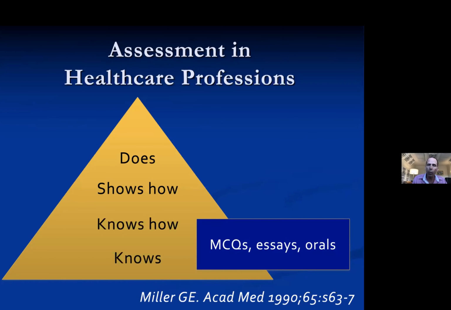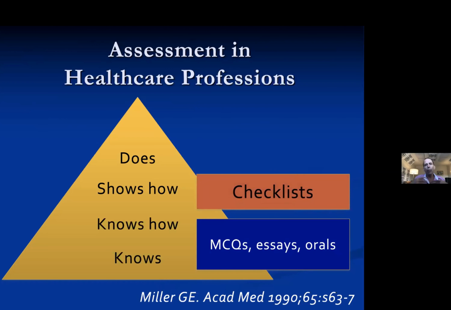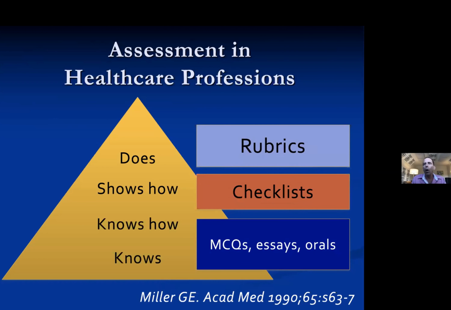But as we move up the pyramid and we're looking at ability to do things, again, I'm going to use an example of checking intraocular pressure. There might be a checklist, and I'll define checklist in a moment. And then at the very top of the pyramid, there's something called rubrics, and I will define rubrics, but Dr. Mayorga is going to be talking in detail about rubrics and why they are important.